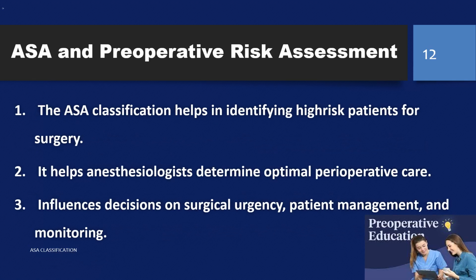ASA and preoperative risk assessment. Identifying high-risk patients. Risk stratification: the ASA classification helps identify patients at high risk for surgery-related complications. Targeted care: it enables anesthesiologists to provide targeted care to high-risk patients.